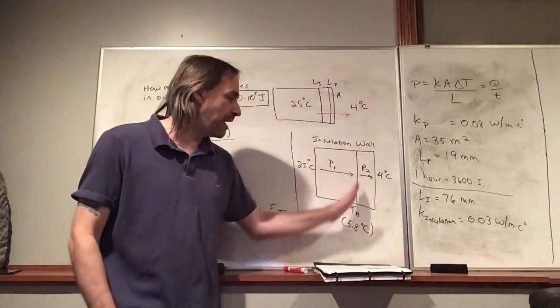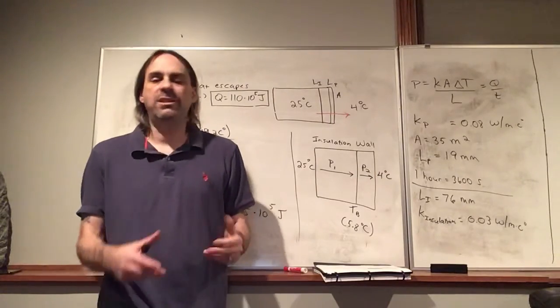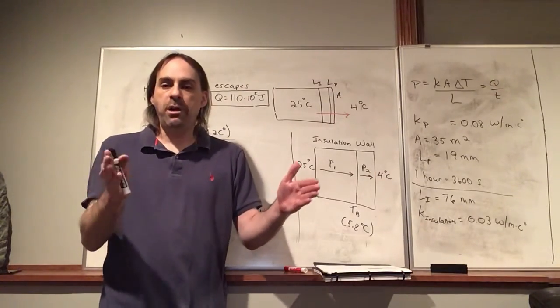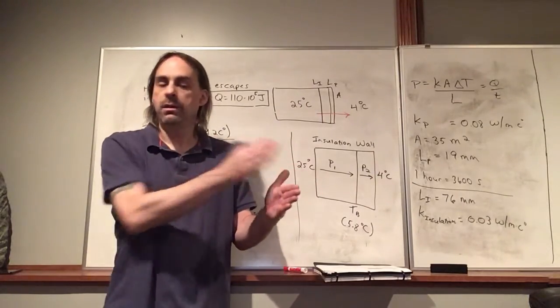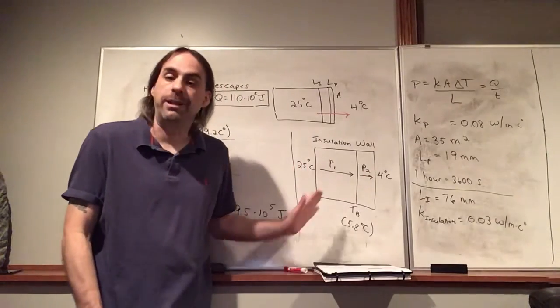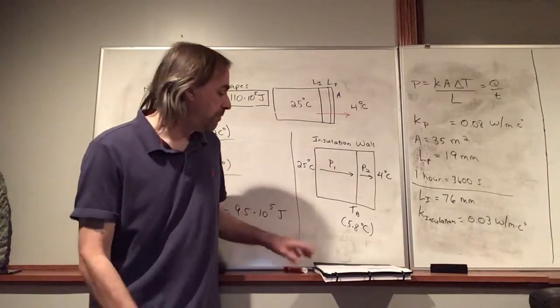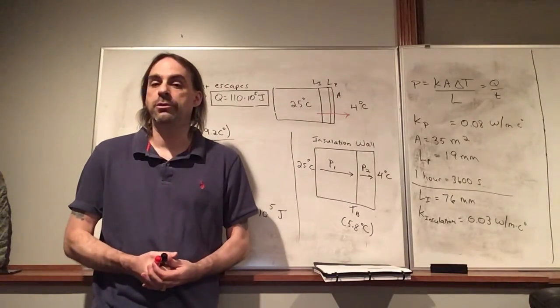And that allows you to calculate the temperature anywhere inside this material. So even if you just had, say, a solid metal bar, you could find the temperature at any point in between. See how it varies from one end of the bar to the other. In this case, we had two different materials, so we kind of had to do it this way. But yeah, that's the idea behind conduction.